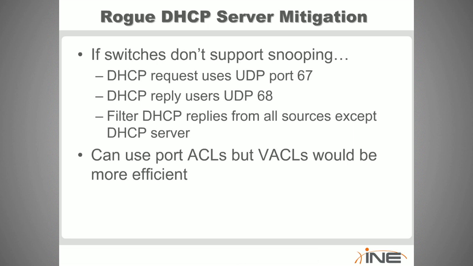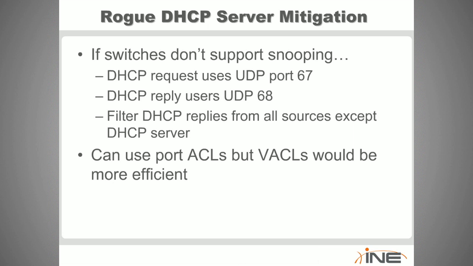Now, the only problem with this feature is that you need to make sure that you have the software support for it. So not all switches are going to support this, in which case you could get a similar workaround where you could use just layer 3 access lists. So DHCP requests go to UDP port 67, and DHCP replies go to UDP port 68.